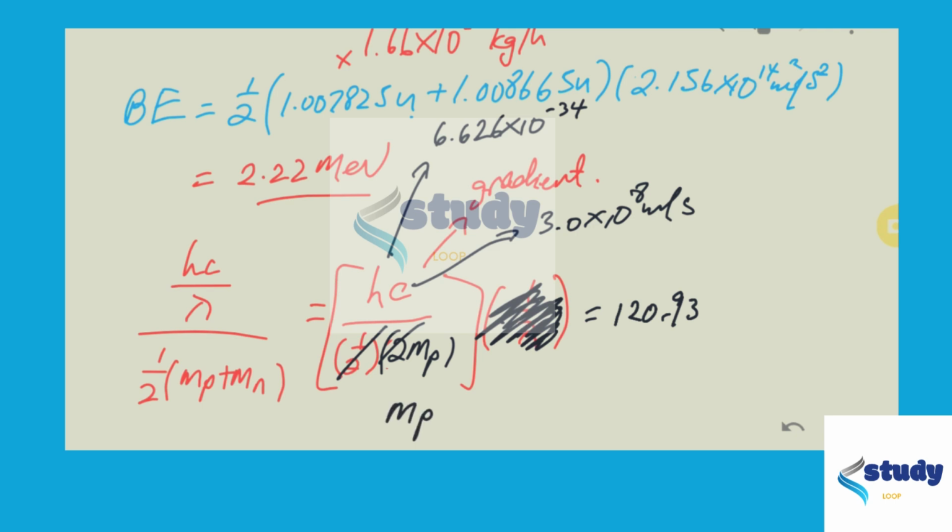So the mass of the proton is hc divided by 120.93.